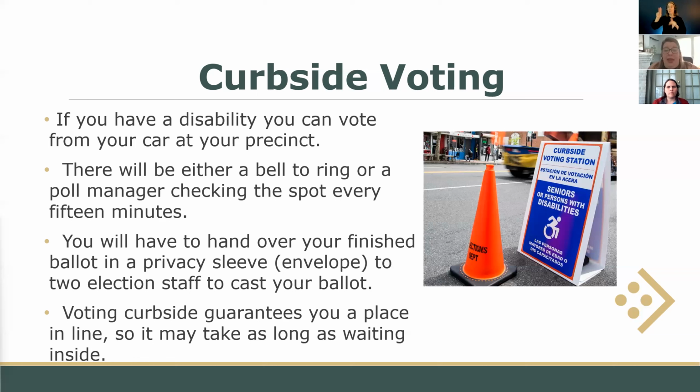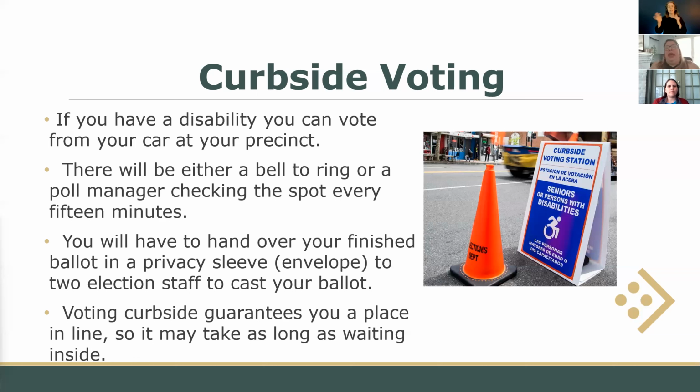Does that always happen? In a perfect world, it would. It does not always happen, especially when there are long lines, like in a general election. Sometimes it's just not monitored the way it should be. We would encourage you to call your county office or to call us if you're having a problem like that.